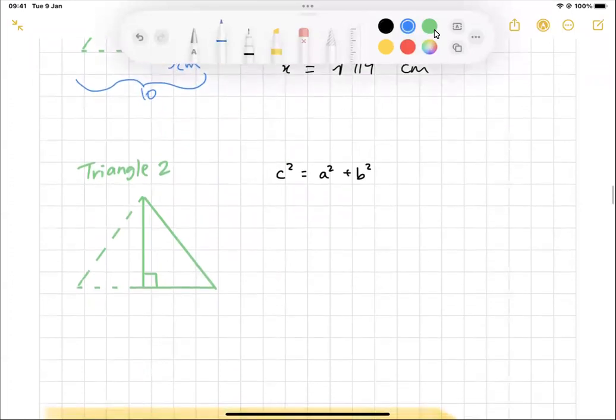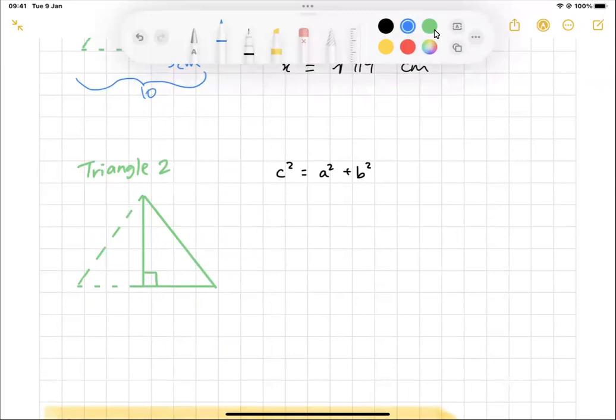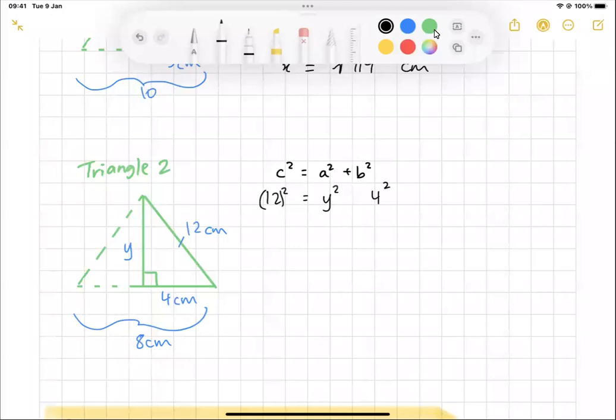Let's go to our triangle 2. Triangle 2 will be y, with 4 centimeters, because this is our 8 centimeters here, and 12 centimeters on this side, using the exact same strategy. 12 squared equals y squared plus 4 squared, so 144 equals y squared plus 16.